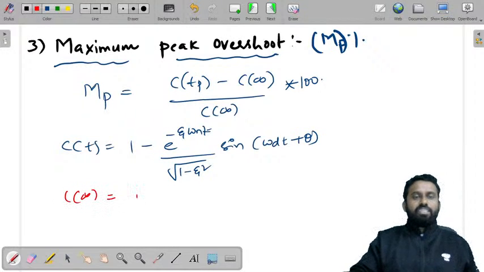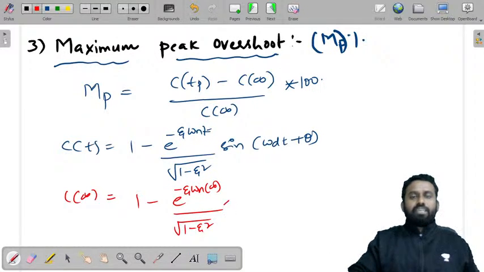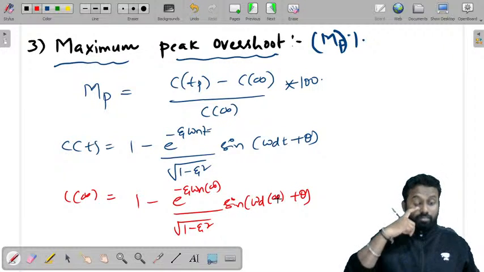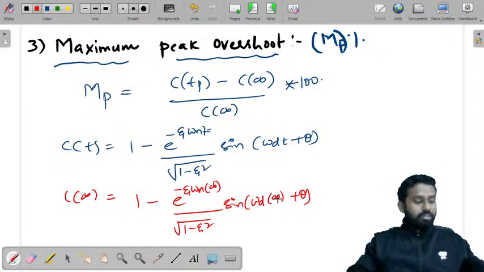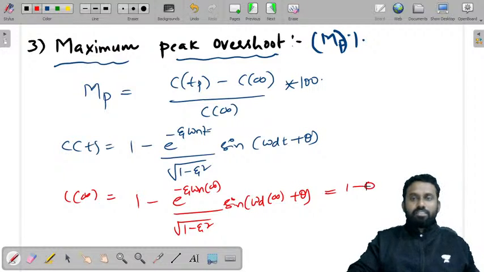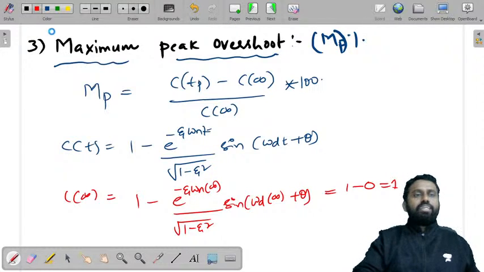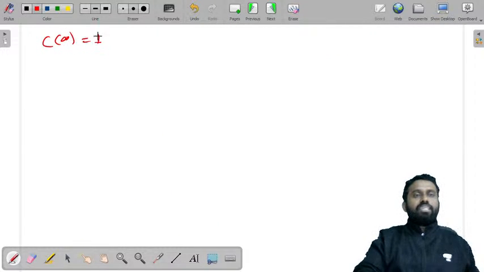C of infinity is equal to 1 minus e power minus zeta omega_n infinity by under root of 1 minus zeta square sin(omega_d infinity plus theta). Now this value will be equal to 1 minus 0. This value will be 1. So therefore you can say C of infinity is 1.